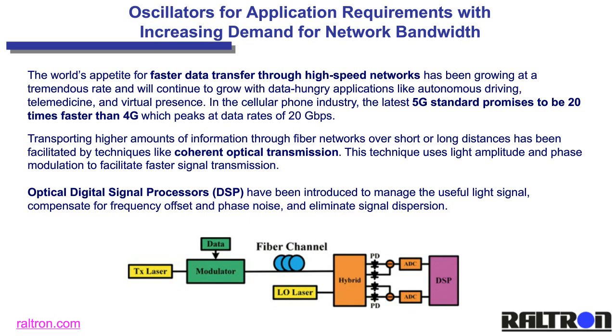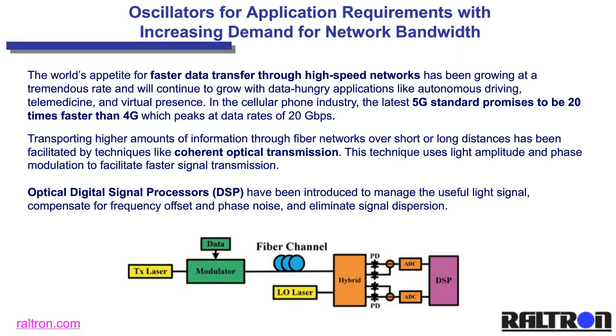Coherent optical transmission uses light amplitude and phase modulation, as well as polarity changing, to increase the number of parameters that can be controlled and consequently give more options for transmitting the information. In this way, there is more information that can be transmitted through the same lines with higher speed.